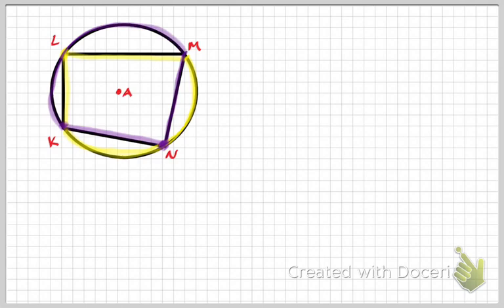So together, L and N, as you follow their rays, are sectioning off the entire circle, which means that the purple arc plus the yellow arc equals 360 degrees. That then means that whatever angle L is plus angle N has to equal 180, because 180 is half of 360. Now they're not equal, right? They would be equal if it was a square, but they're not equal, they are just supplementary.